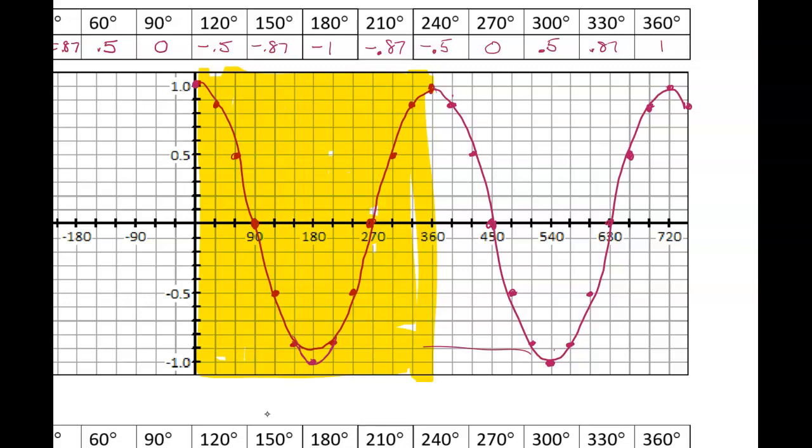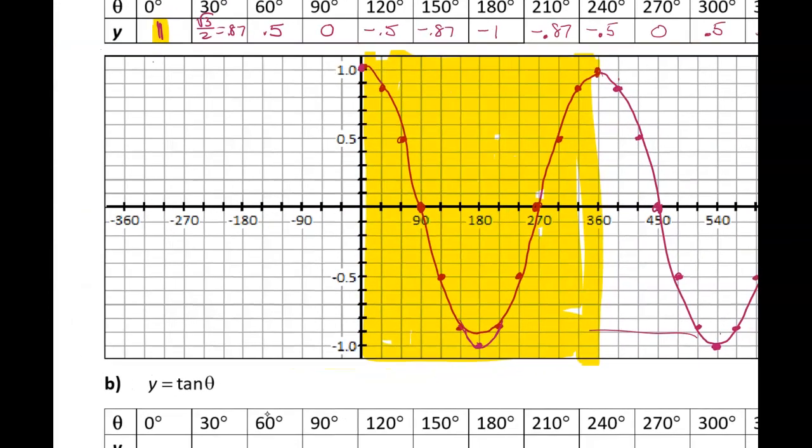Now we can do the same thing in the negative direction, the same repeat of those same values over and over again. And once you're finished with all those points, just connect for a nice smooth curve.